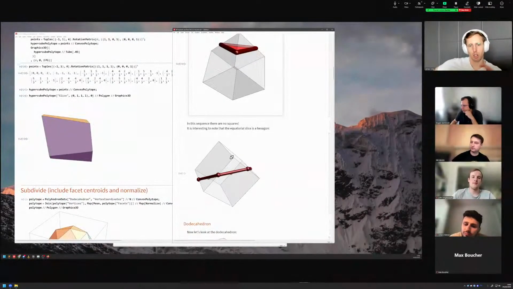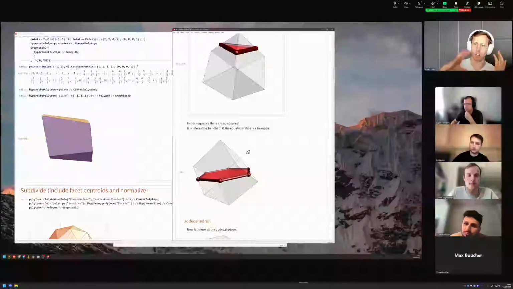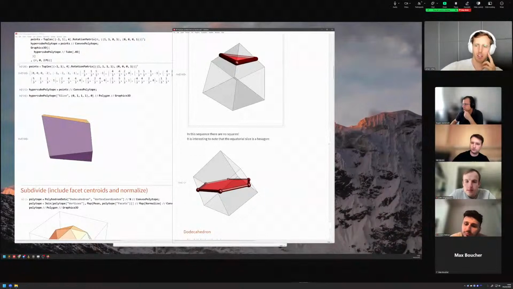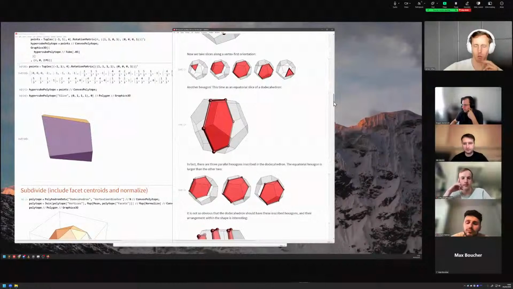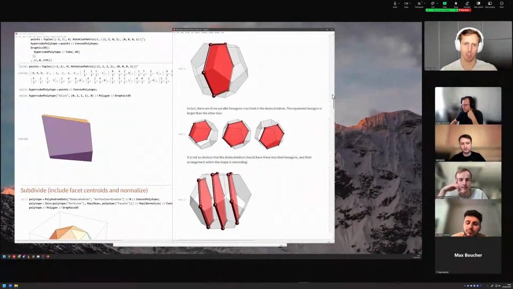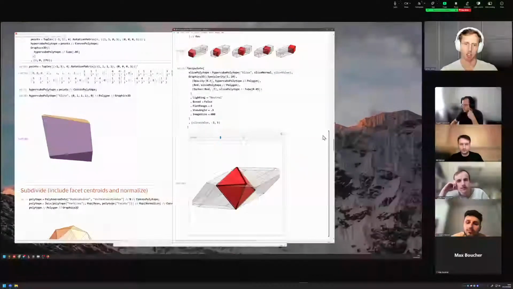It'd be cool if you could overlay all of that slicing into one image, so you could see the slices go with some transparency to give you that feeling of solidness of the interior of that four-dimensional object. There we go. Yeah, look at that. That's cool.